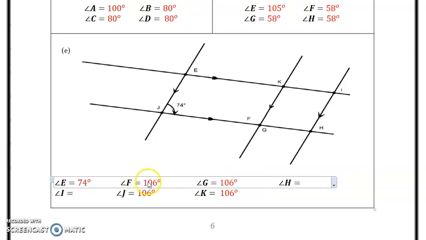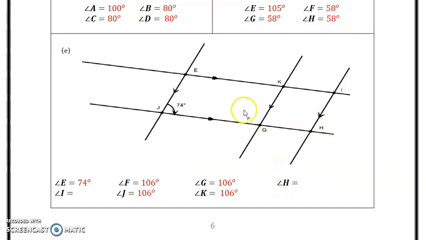Then we're determining H. To determine H, we can go all the way back to 74. We know these lines are parallel. This would be considered a transversal. So these would be called corresponding angles, so we know that H is 74 degrees. The interesting part here is the transversals are also parallel, so this creates a lot of properties.